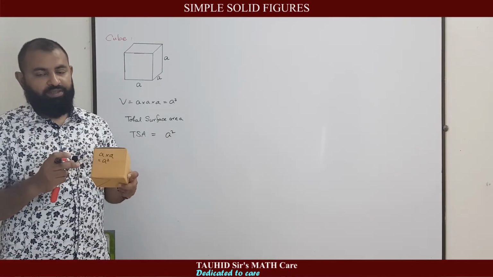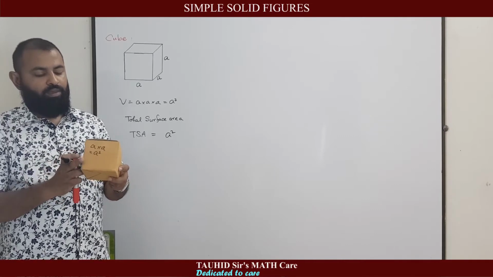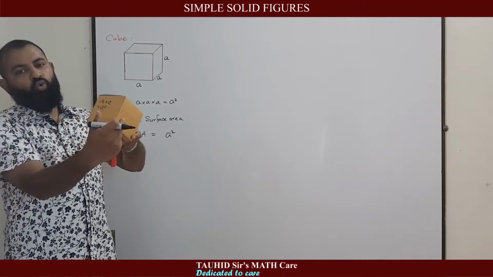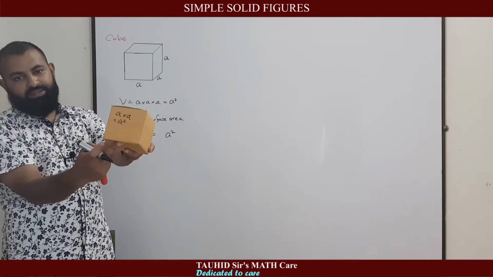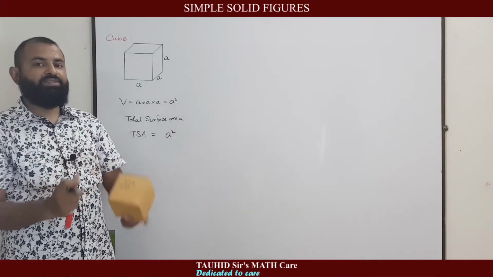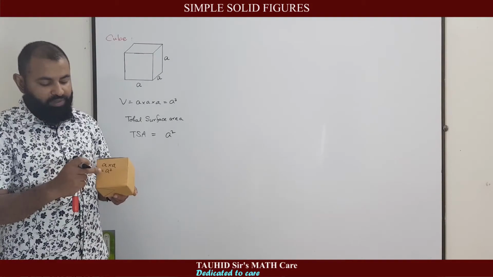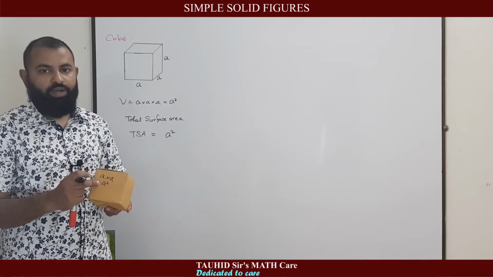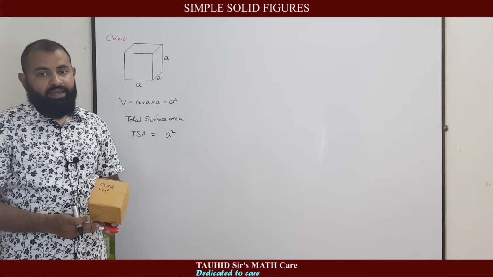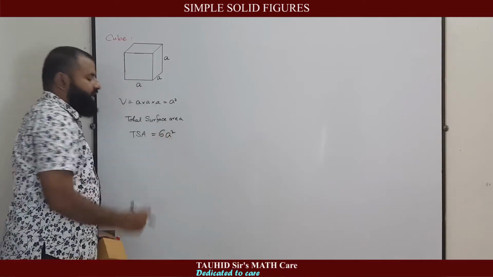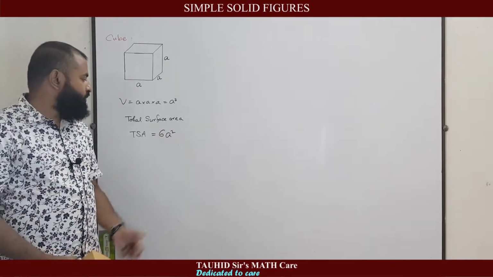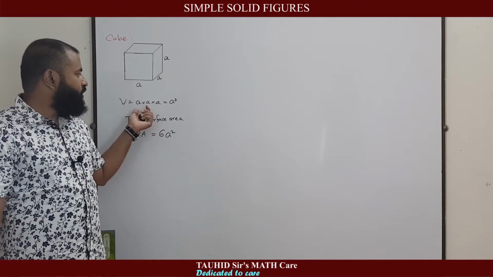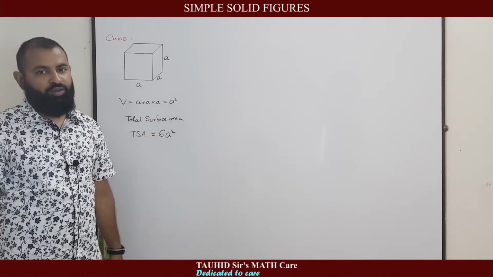How many surfaces does it have? 1, 2, 3, 4, 5 and 6. This box has 6 surfaces and the area of each surface is A square. That means the total area will be 6A square. We got the total surface area of a cube as 6A square and the volume of a cube as A cube.